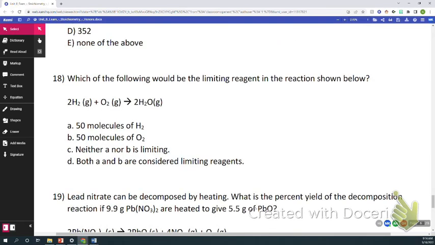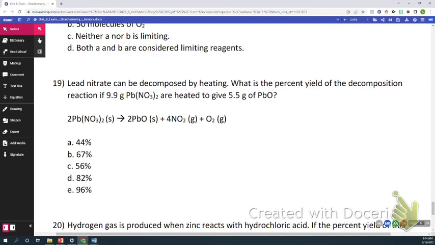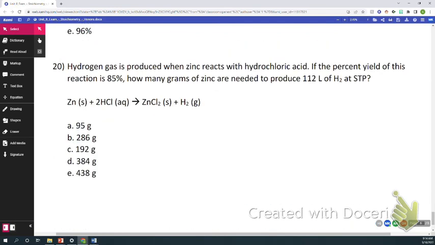Are we good? Okay, maybe I'll just do the last one. So question 20, this is only a 20 question exam. Hydrogen gas is produced when zinc reacts with hydrochloric acid. If the percent yield is 85%, how many grams of zinc are needed to produce 112 liters of H2?